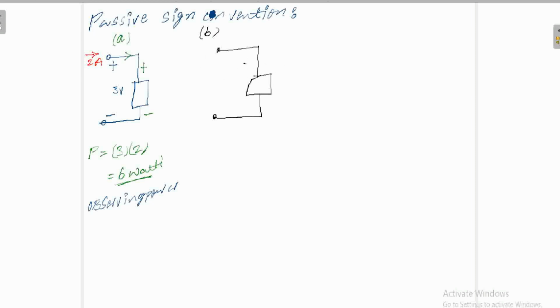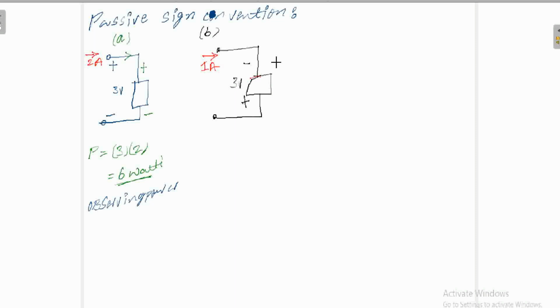This is your negative and this is your positive, and voltage is 3 volts and the current is 1 amp, the current is entering into this element. Now tell me, first of all, we need to examine whether it is obeying passive sign convention. No, it is not obeying passive sign convention.